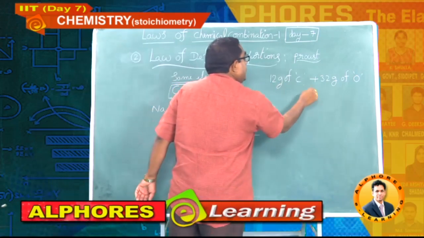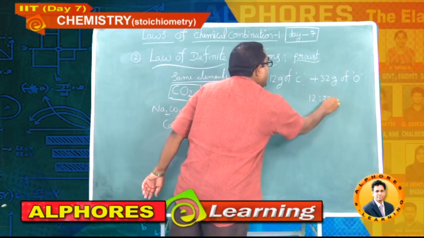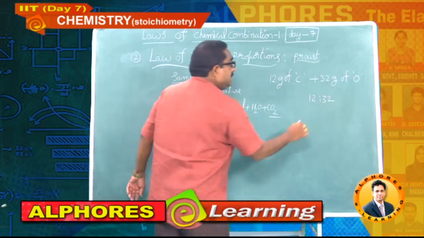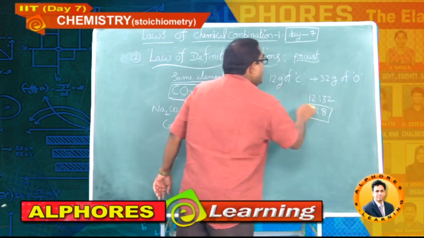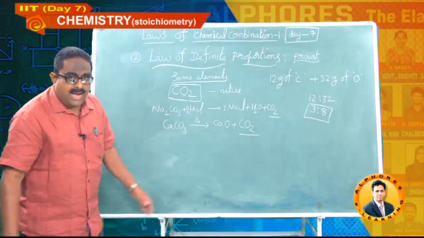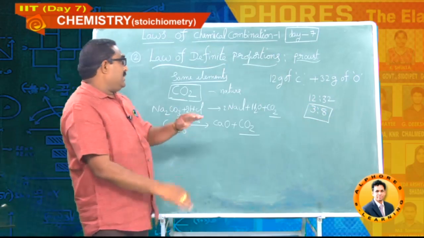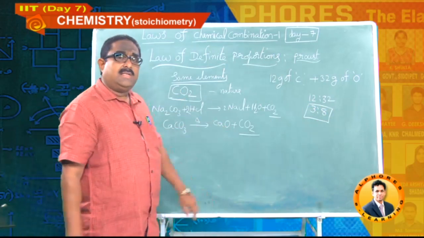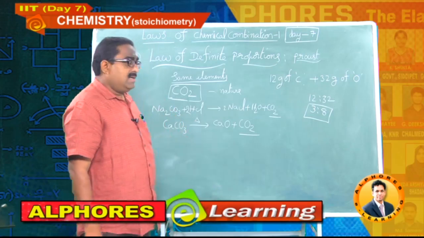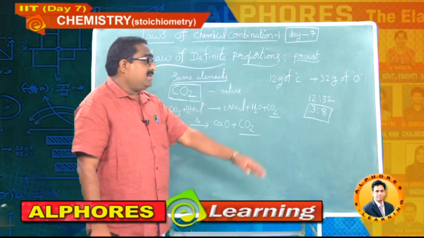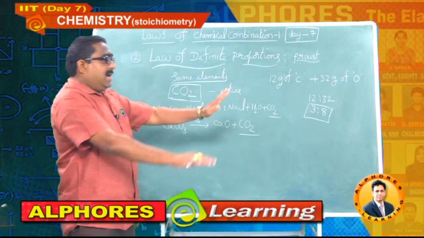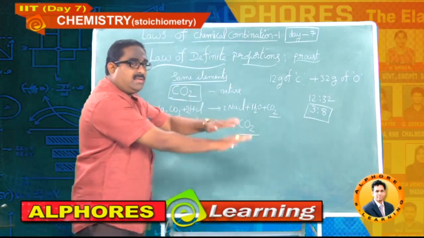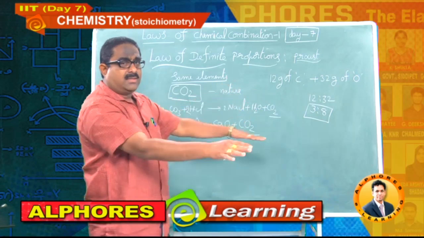The mass ratio is 12:32. 3 4s are 12, 8 4s are 32. So, in carbon dioxide, the elements carbon and oxygen always combine in the fixed mass ratio, that is 3:8. That ratio should not change at any cost.